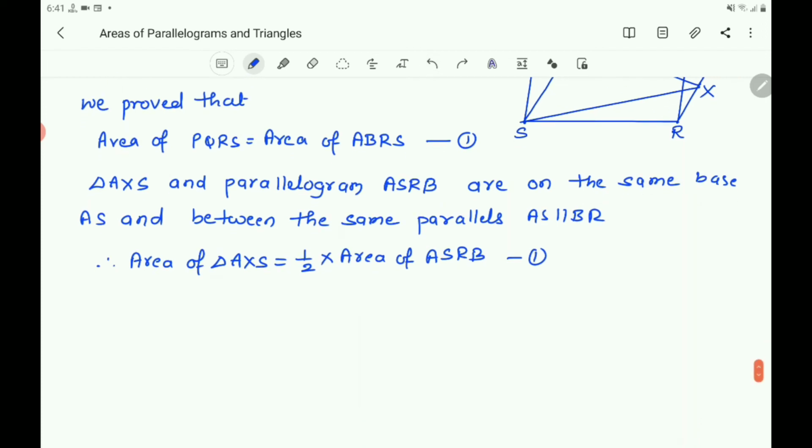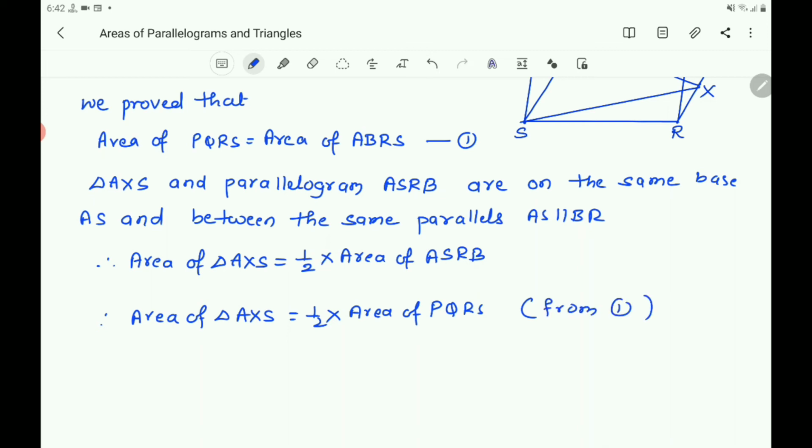Therefore, area of triangle AXS equals half into area of PQRS, that is from first. So you got the proof of the second also.